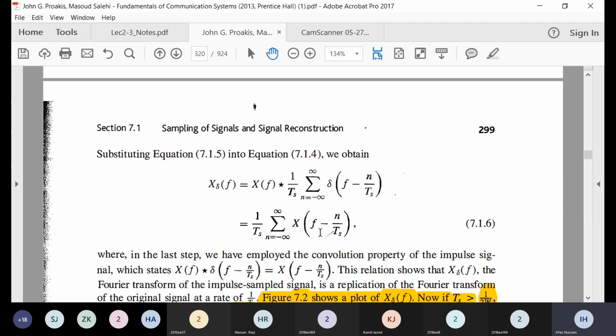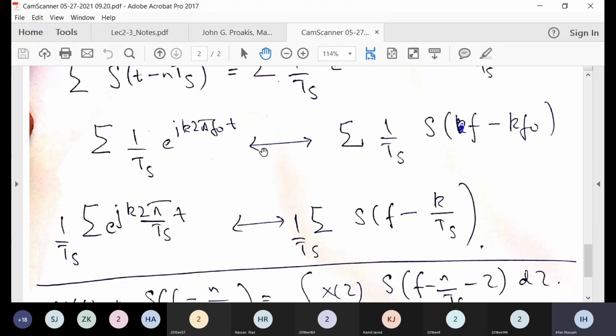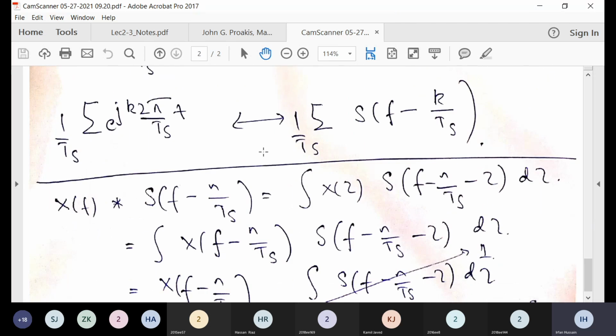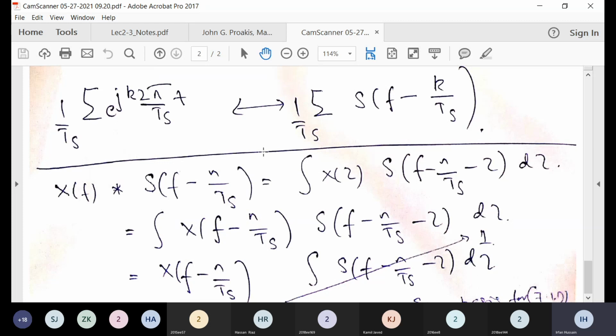You have seen this previously, but many students are not able to understand it, so I have made notes. You convolve your function with this impulse. What this means is the integral of x of tau times delta of t minus tau d tau.